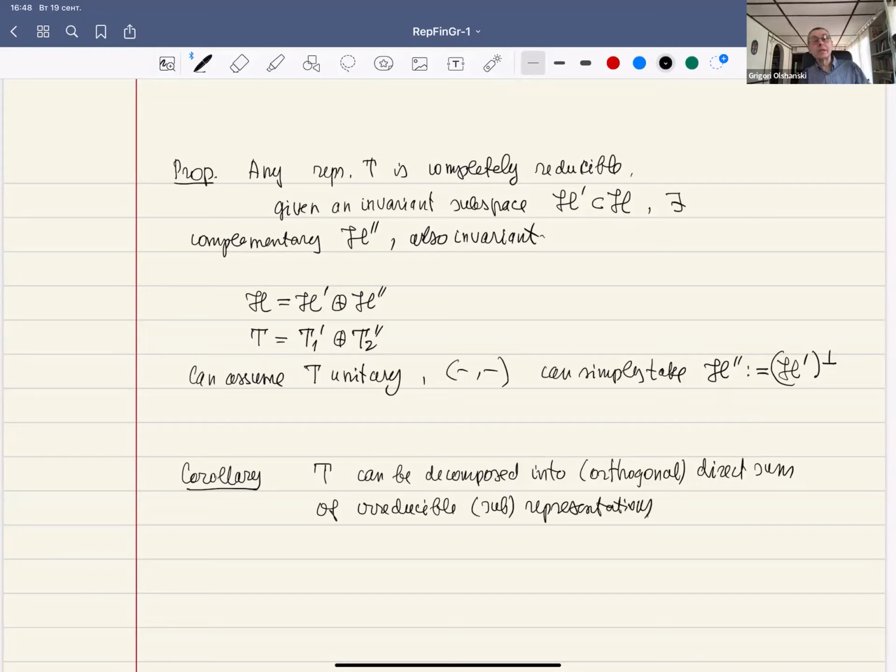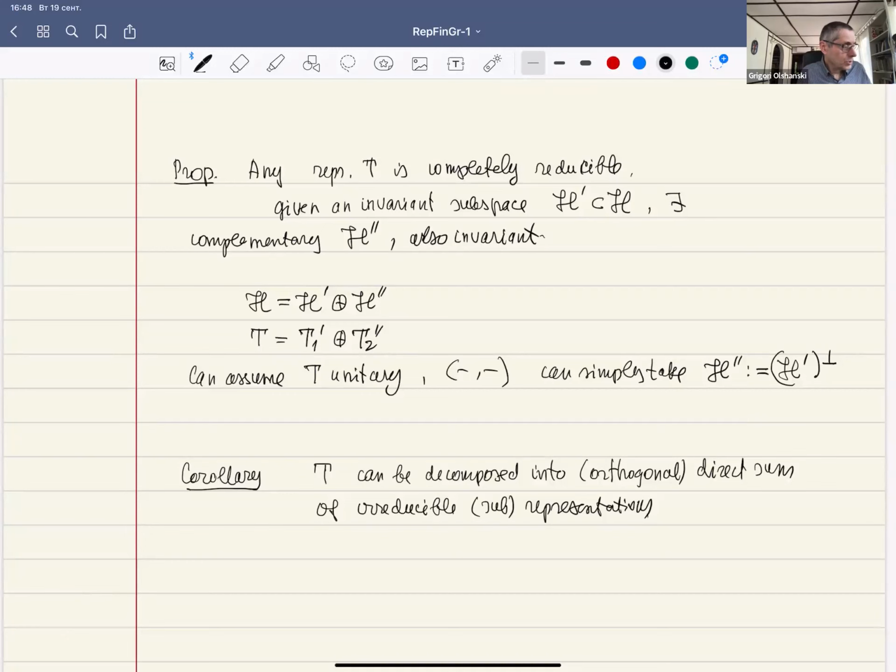So what is the meaning of this fact? It means that irreducible representations are building blocks. Any representation can be built from irreducible representations. So this is why one is often interested in constructing all irreducible representations.